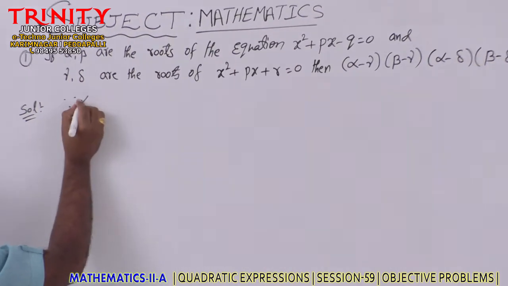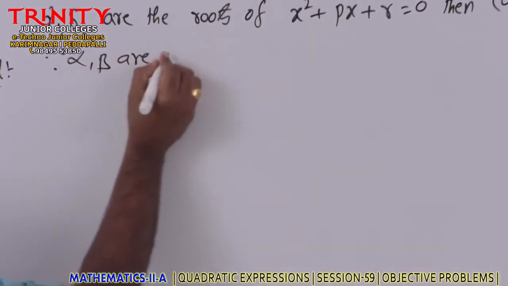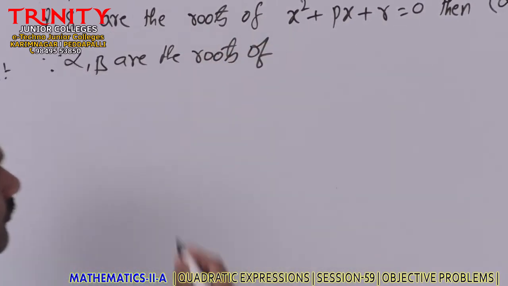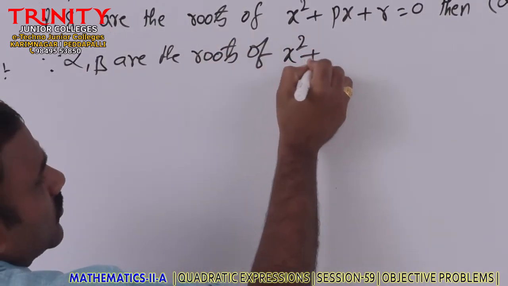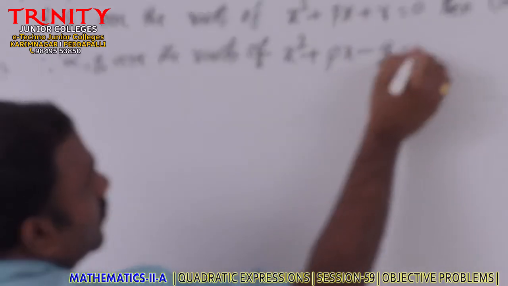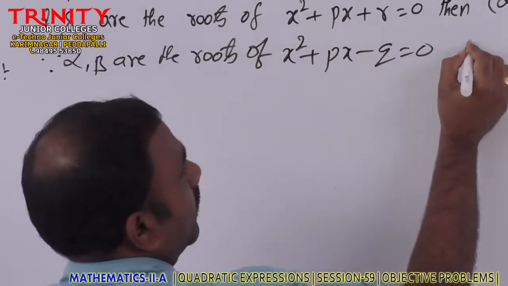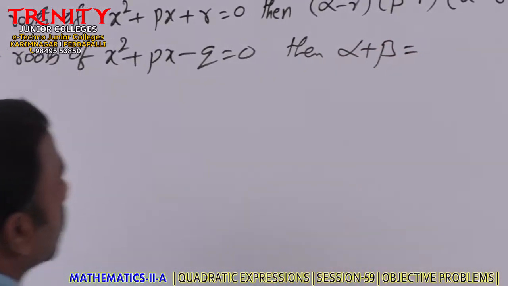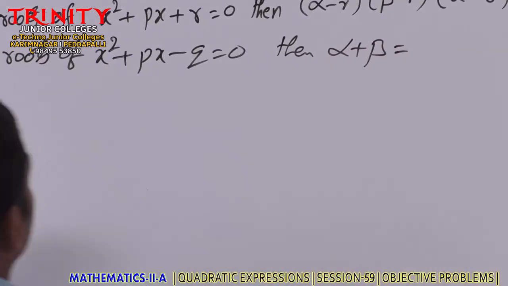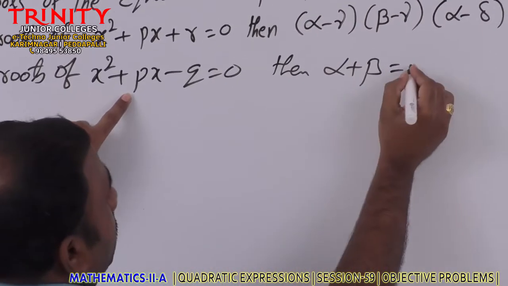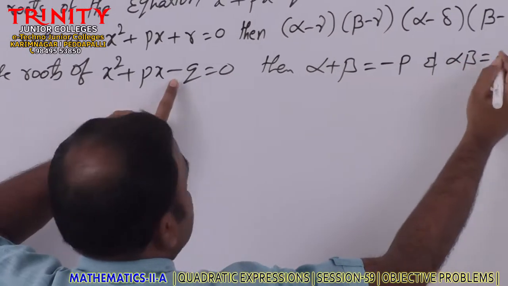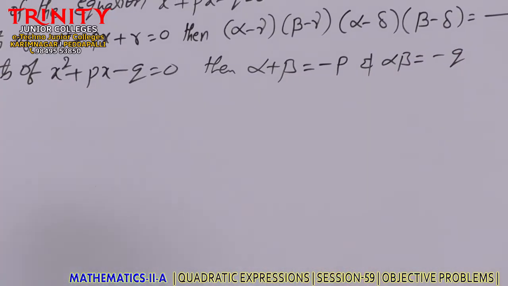Since alpha, beta are the roots of x square plus px minus q equal to 0, then sum of the roots alpha plus beta is equal to minus p, and product of the roots alpha beta is equal to minus q.